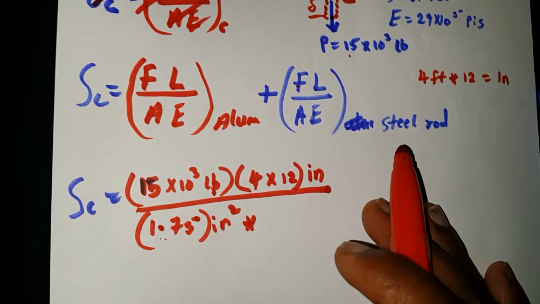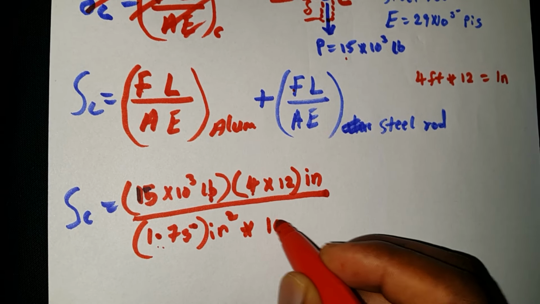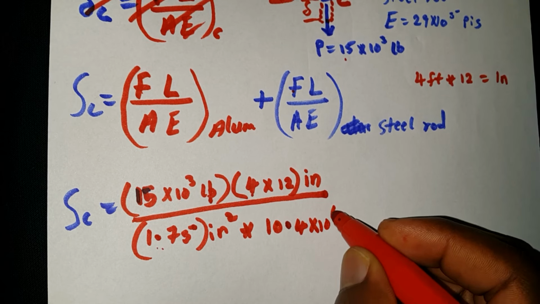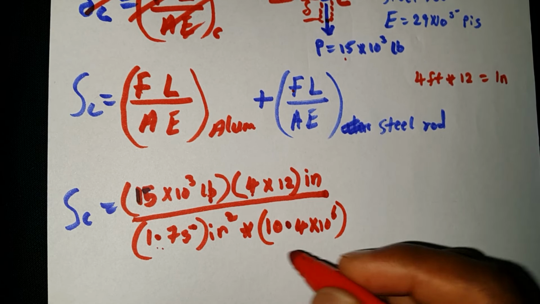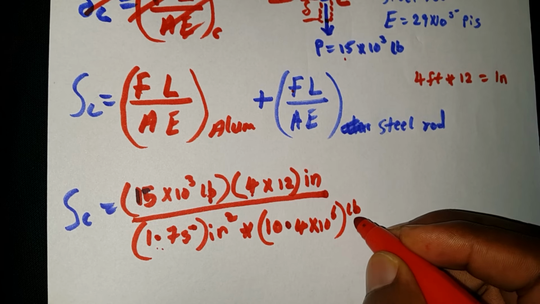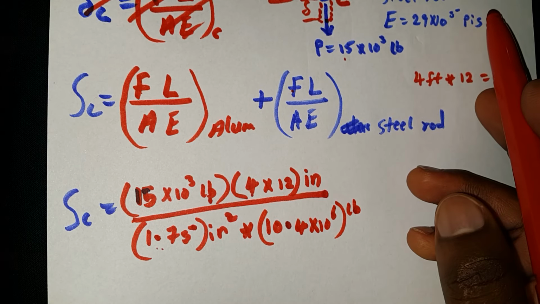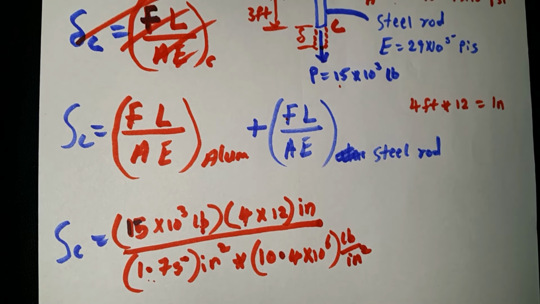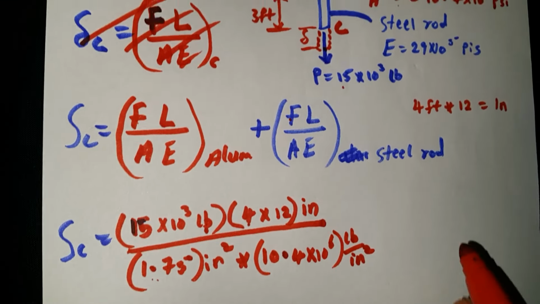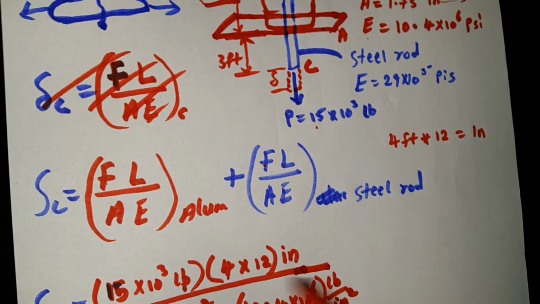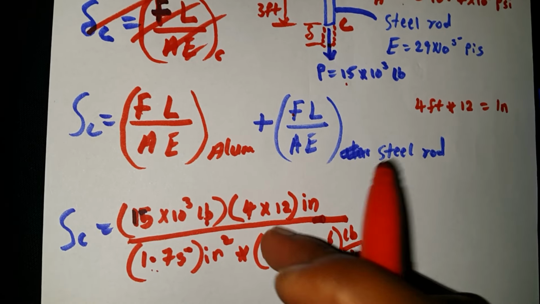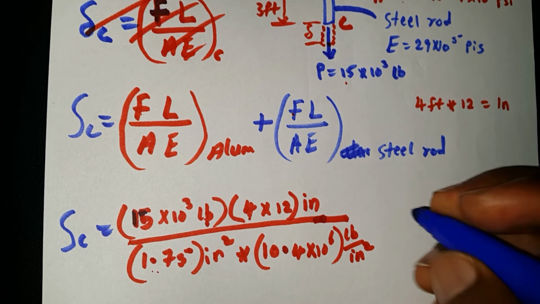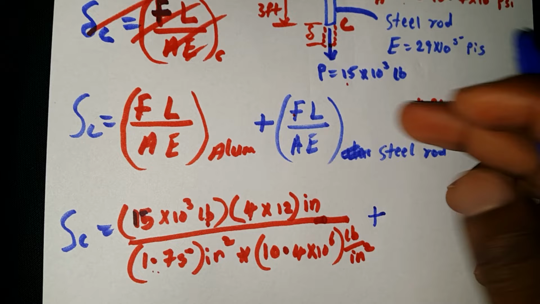So we will put the Young modulus 10.4 times 10 to the 6 lb per inch squared. Then we will add it with this one as well.